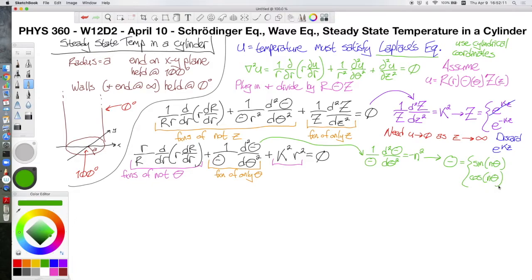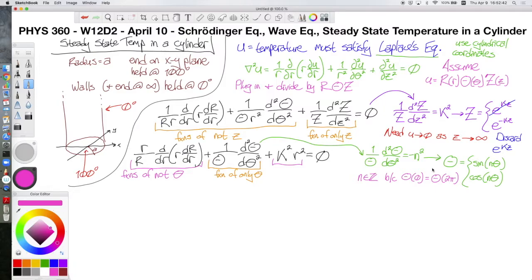We don't know too much about n here, except that it must be an integer, because otherwise we would not have periodic boundary conditions. If n were not an integer, then theta of 0 would not be equal to theta of 2 pi.